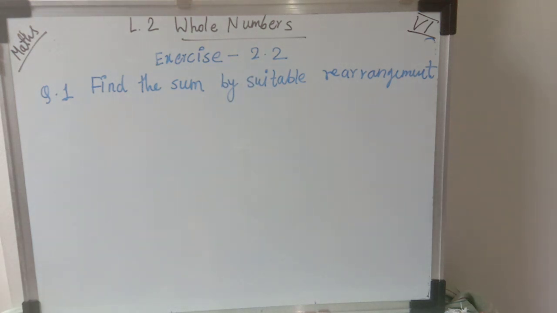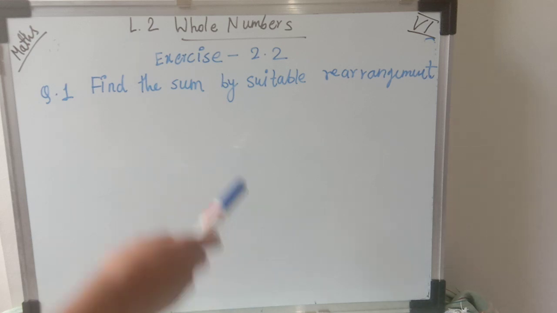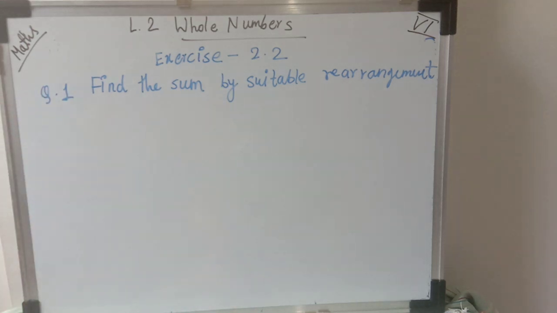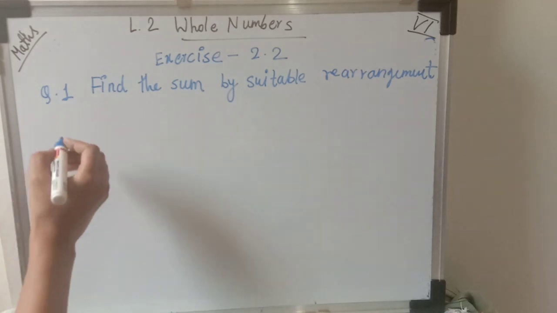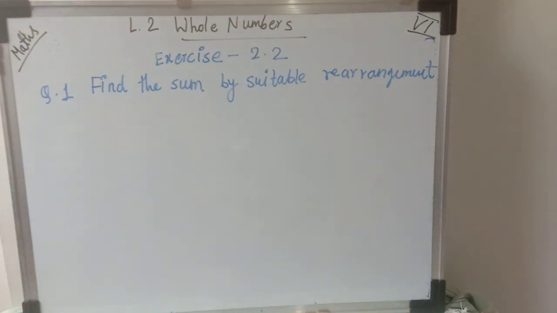The first question is, find the sum by suitable rearrangement. It means we have to do the addition, and suitable rearrangement means we have to change their order. One more important thing, I hope you have written all the given points from the PDF, all the properties, in your notebooks.